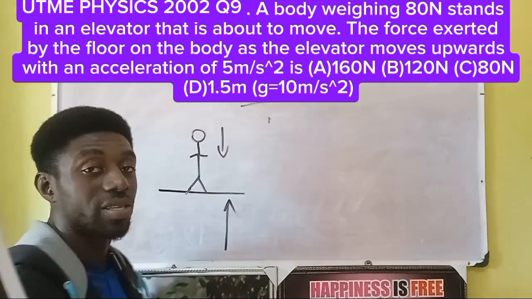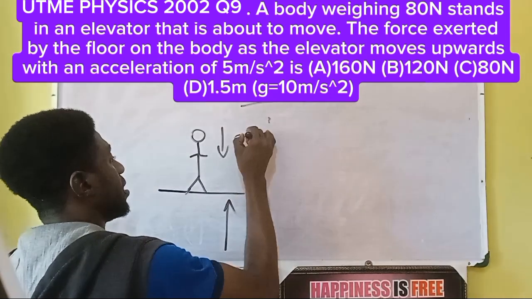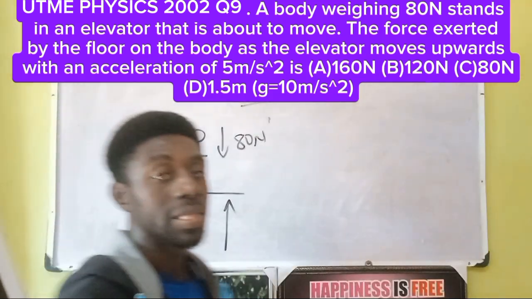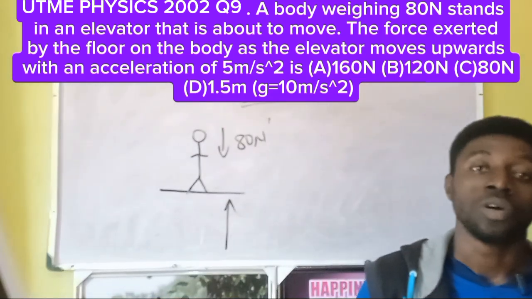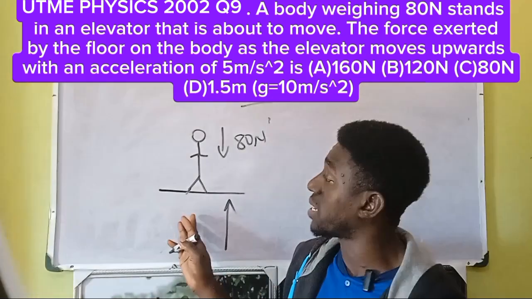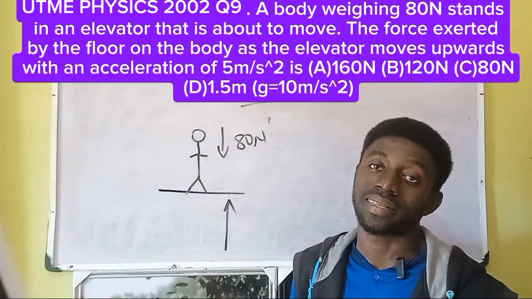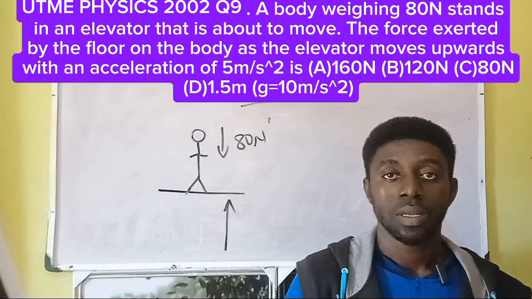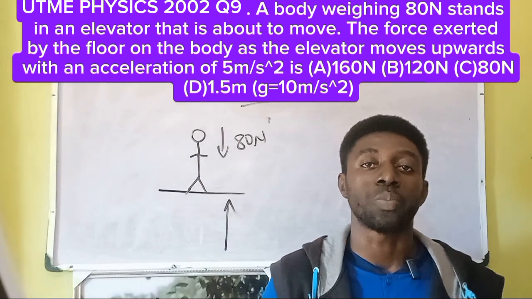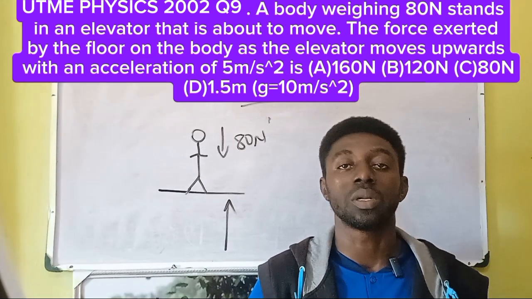And the weight of the body was given. The weight was 80 Newton. That is the weight of the body on the elevator. Then there is science behind this. Action and reaction are equal but opposite. Newton's third law of motion.